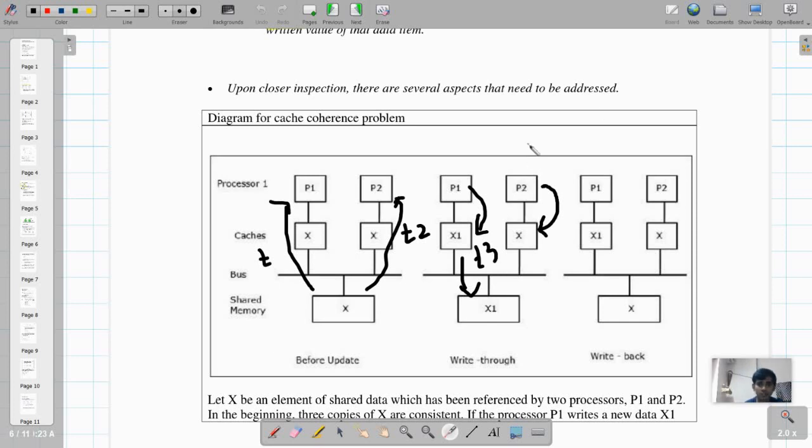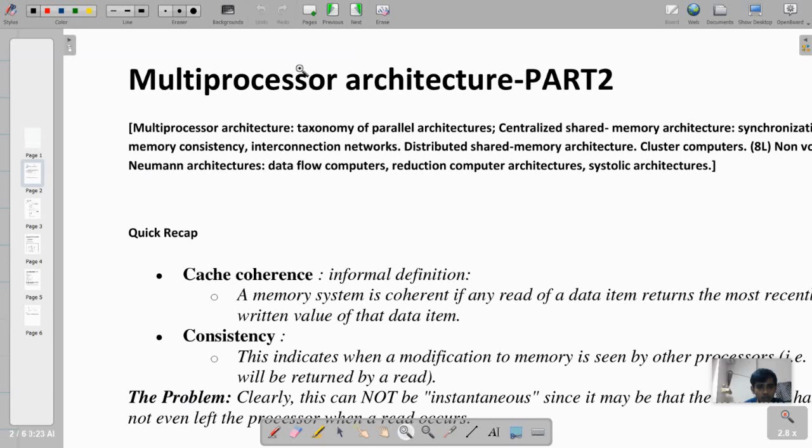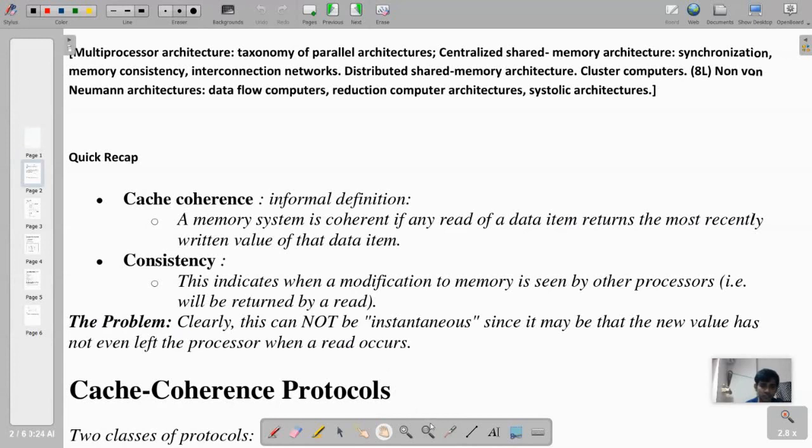Now in today's video we are going to see how to solve this problem. But just before looking into the solution, have a look at the definitions of cache coherence and consistency. Cache coherence means a memory system is coherent if any read of a data item returns the most recently written value of that data item.